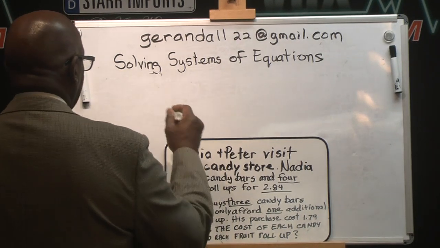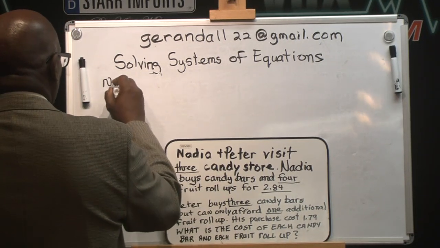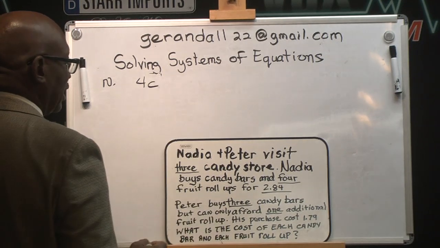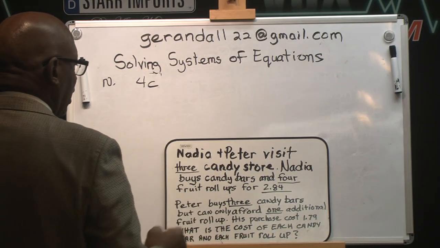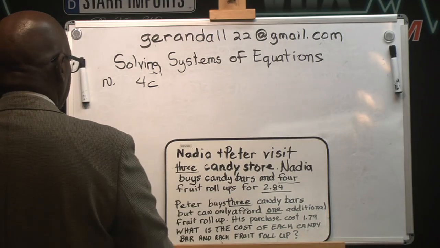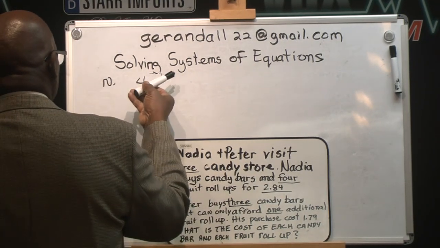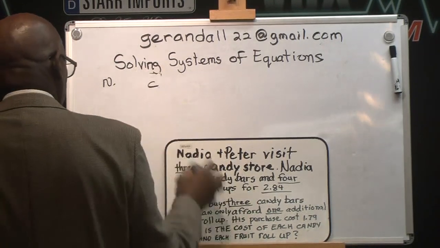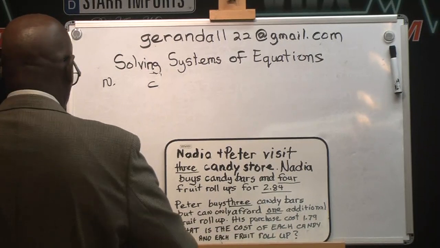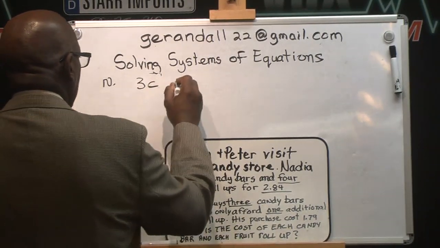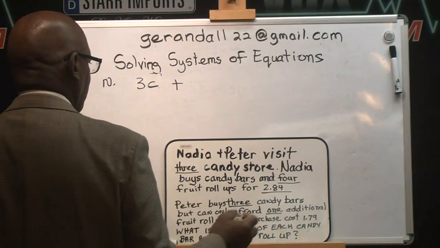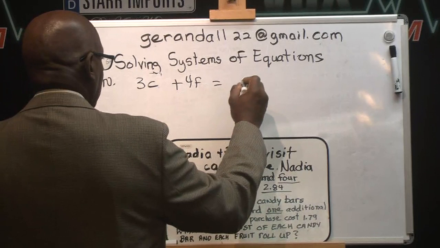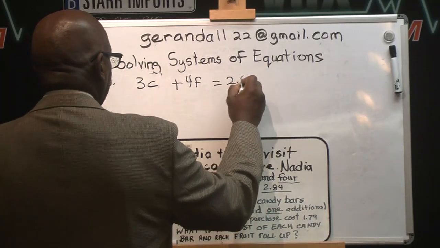Well, again, Nadia will purchase 3 candy bars, and we use the letter C as the variable, and 4 fruit roll-ups, and we'll use F. And that cost $2.84.